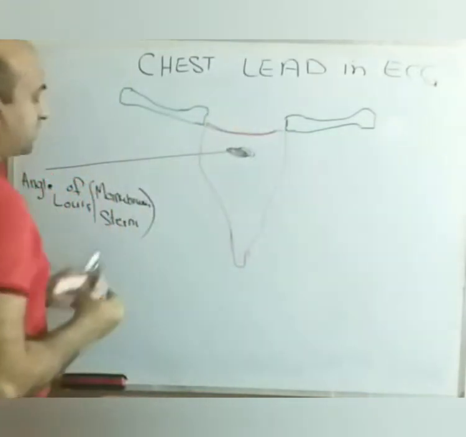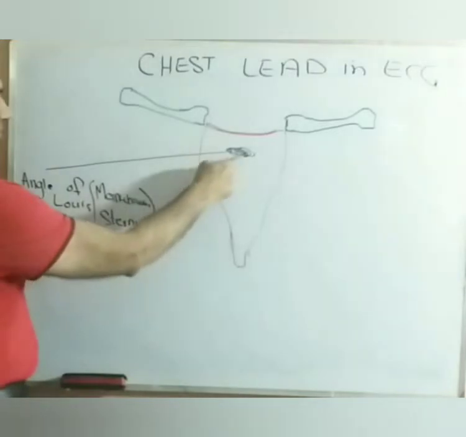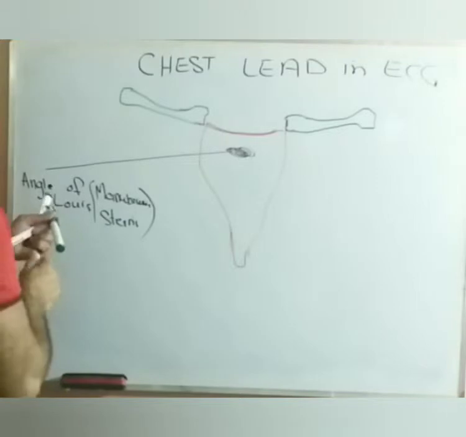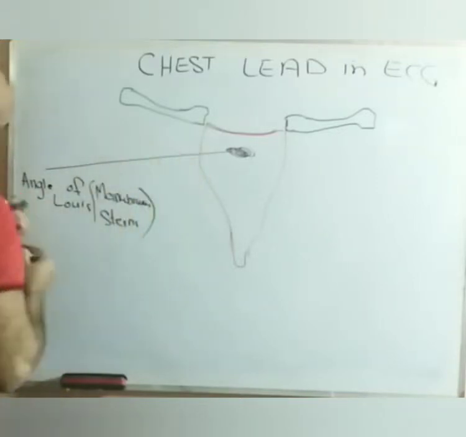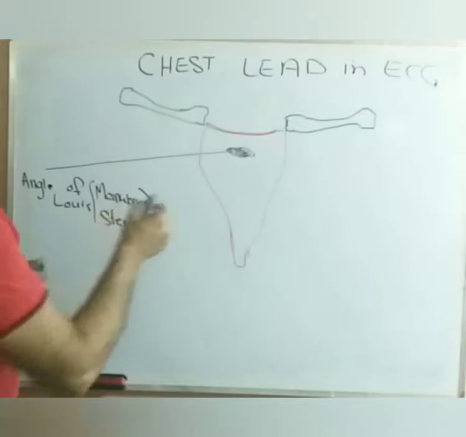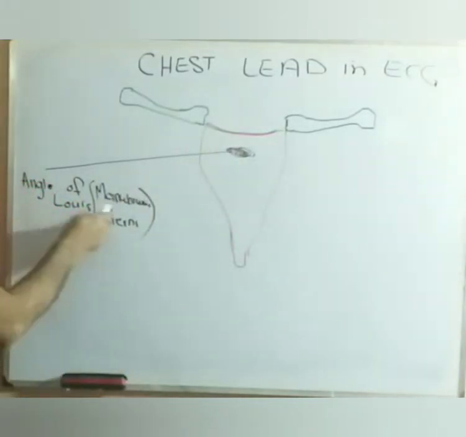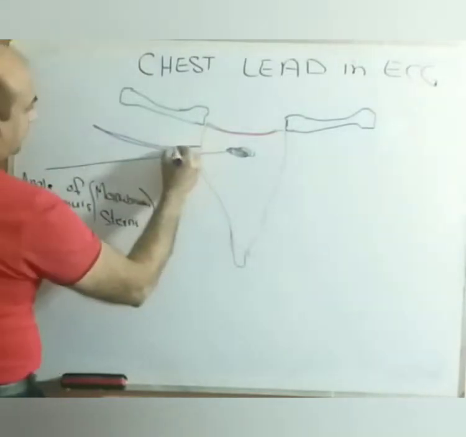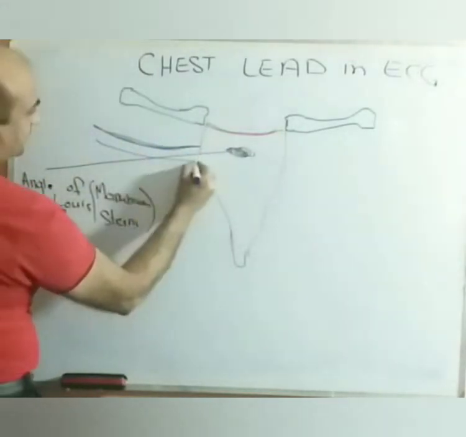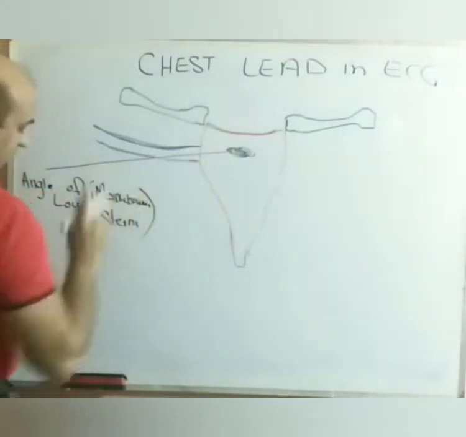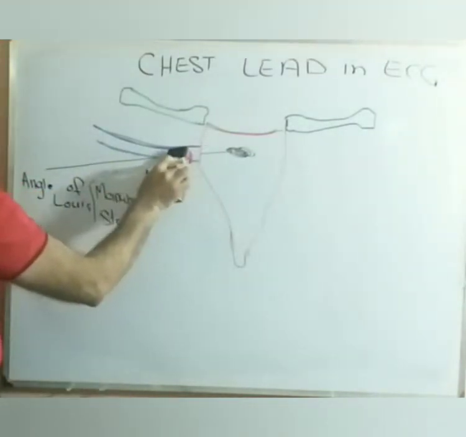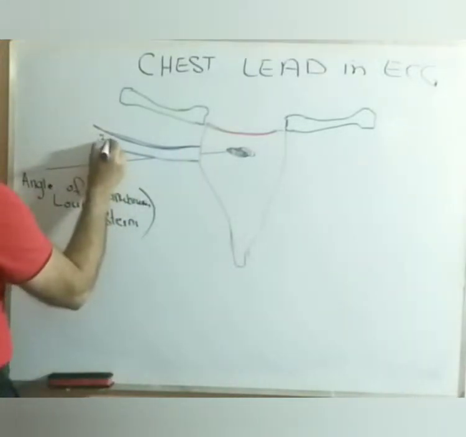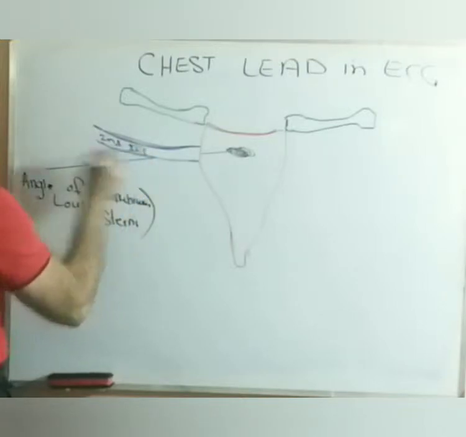These are both clavicles. Now here, parallel to the angle of Louis or manubrium sterni, there is the second intercostal space. This is second rib and this is third rib. So the space in between these two ribs is the second intercostal space.